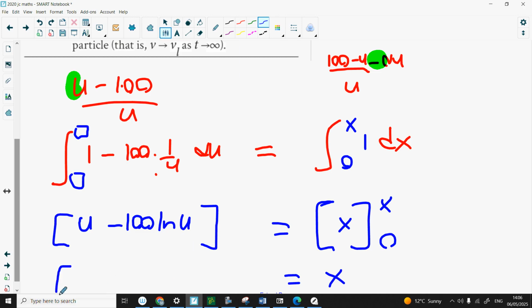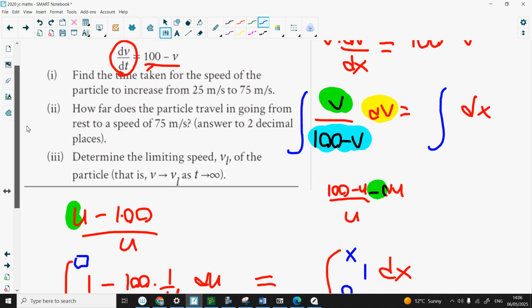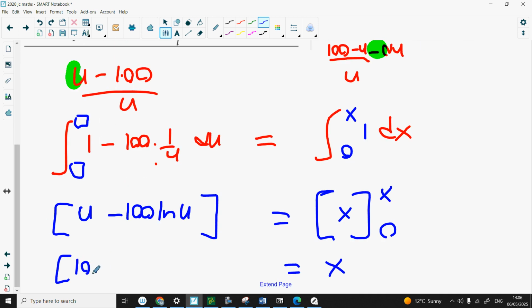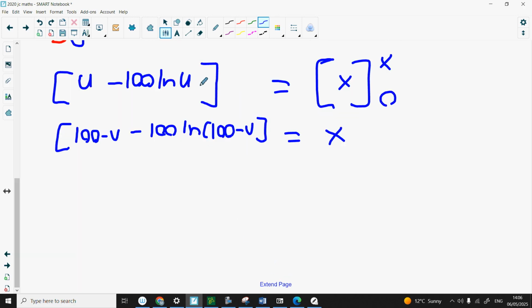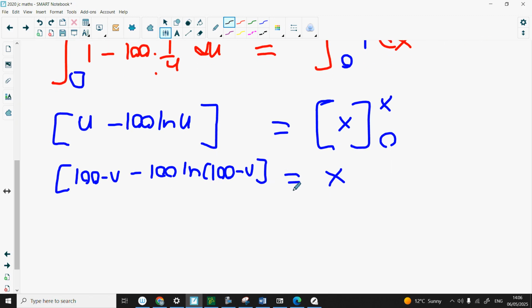Great. Well, what is that again? What do we say u was again? 100 minus v. So it's 100 minus v minus 100 ln 100 minus v. And that is from, what two speeds did they give me again? 0 to 75.